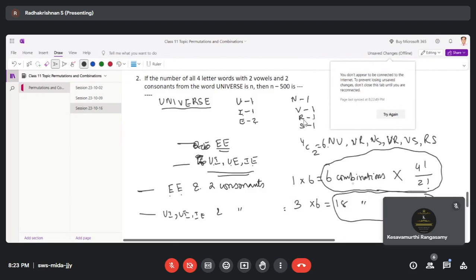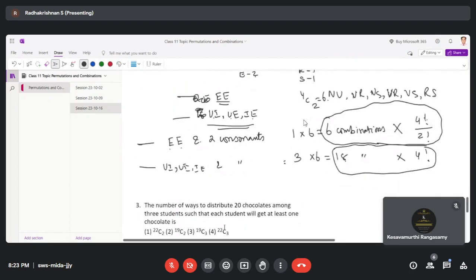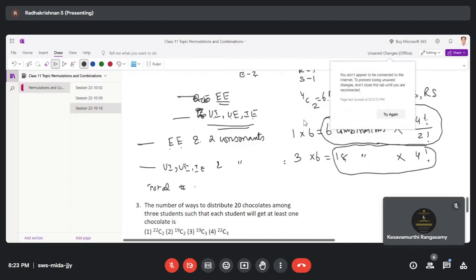So in this there are 6 combinations and each one has got 4 factorial divided by 2 factorial. In this 18 combinations, each combination has got 4 factorial arrangements. Therefore the total is 6 into 4 factorial by 2 factorial, plus 18 into 4 factorial.